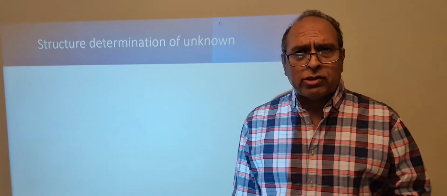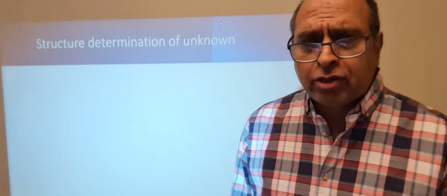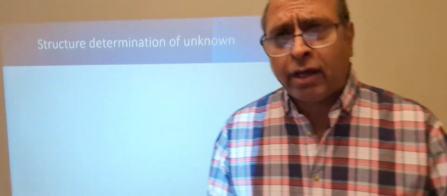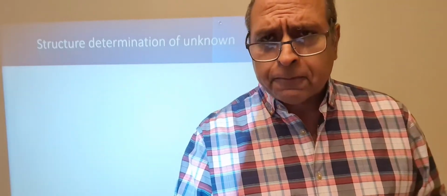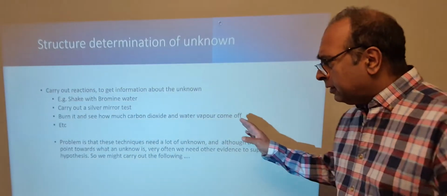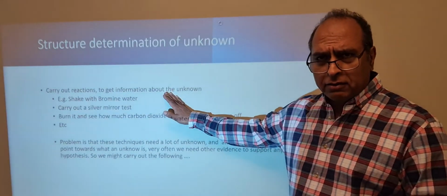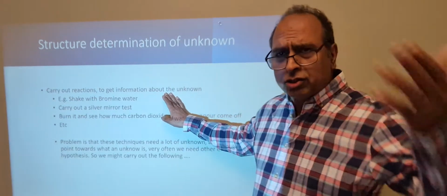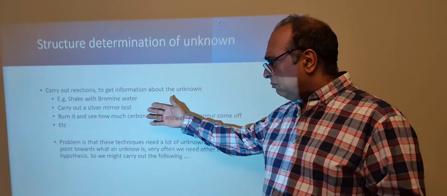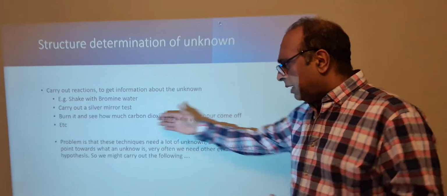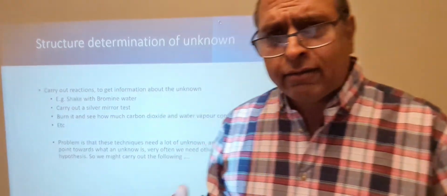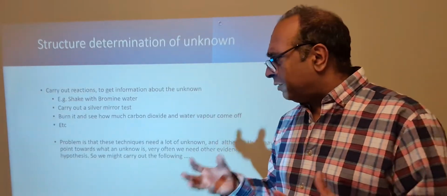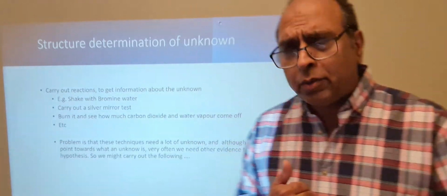They'd shake with bromine water, or to try and work out if you've got an alcohol, you might use phosphorus pentachloride, PCl5, etc. So before I get into it, I just want to cover the obvious thing that in an exam they might give you reactions, and from your reactions, whether things are oxidized or whether they burn and how much carbon dioxide and water they give off, those common sense reactions and chemistry that we've done can shed light on what we've got.